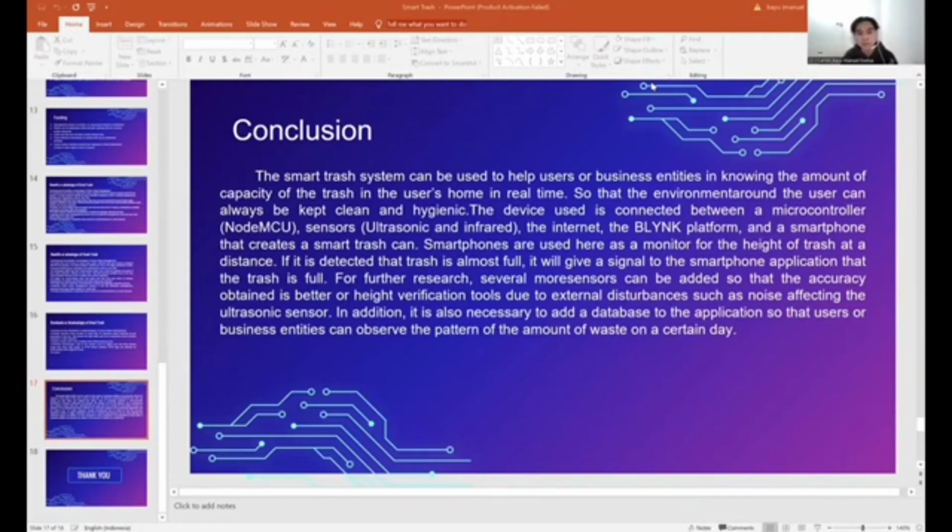The device used connects a microcontroller, Node MCU, ultrasonic and infrared sensors, the internet, the Blynk platform, and a smartphone, which creates a smart trash can.